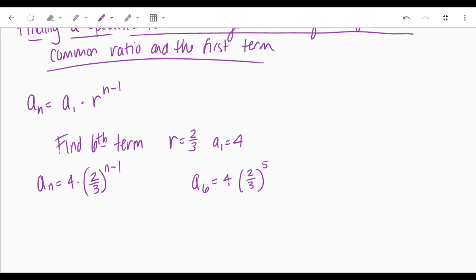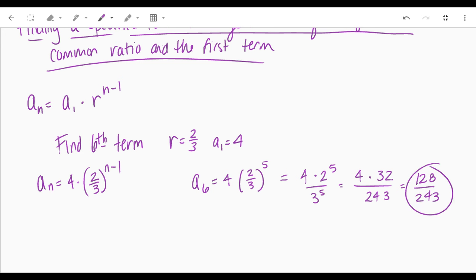Okay. They want you to leave this as a fraction. So we're going to do 4 times 2 to the 5th over 3 to the 5th. So that's going to be 4 times 2 to the 5th, which is 32. And 3 to the 5th, which is 243. So it's going to be 128 over 243. All right, we are cruising here.